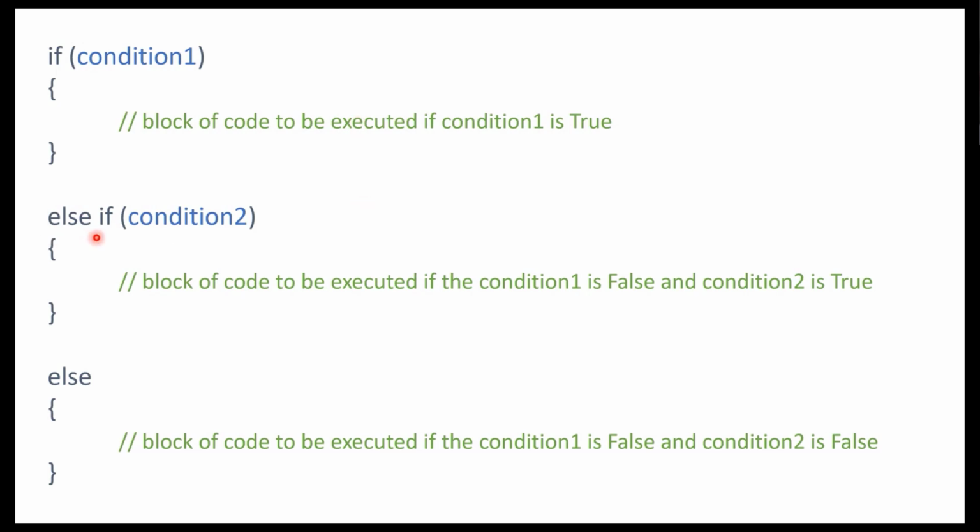So we have the else if, where condition 2 can be specified, and if condition 1 is false and condition 2 is true, this block will be executed. If neither of them is true, the else block will be executed. So pretty common in other languages, but just to recap. So that's it for the C# basics.